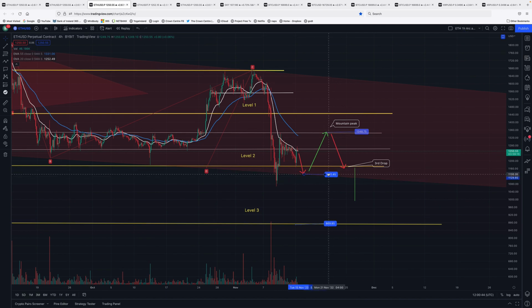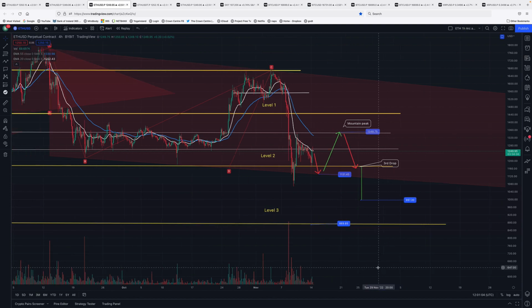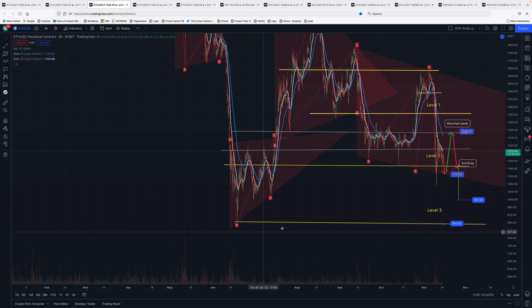And now I'm going to put the breakout target in. And here it is, the 1000 mark, which is again an important daily level.